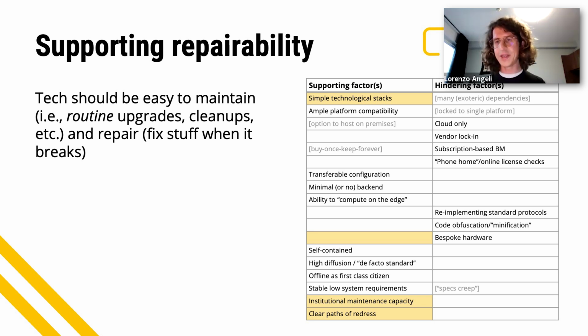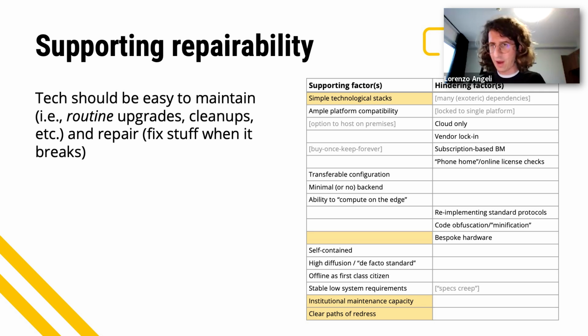There are some strictly technical points, like the technology itself should be simple. Simplicity helps people make sense of the technology, fix it when it breaks, and maintain it. And it should be using standard components as much as possible. But on the other side, it should also be a technology for which the institutions have the capacity to maintain it.